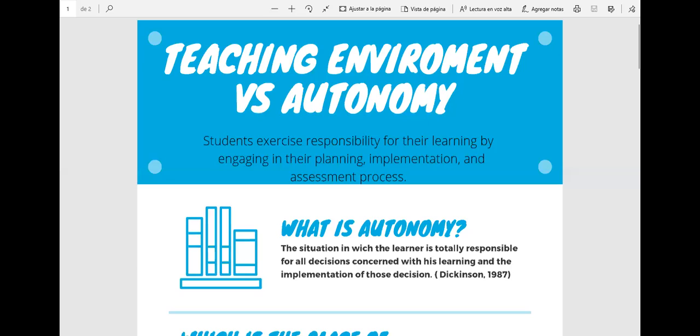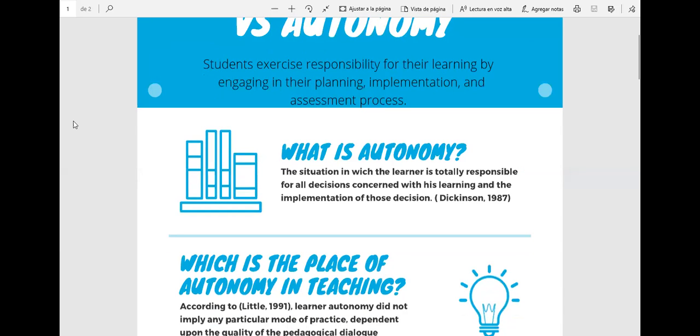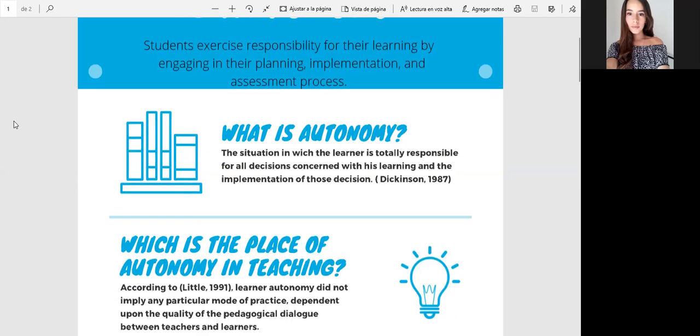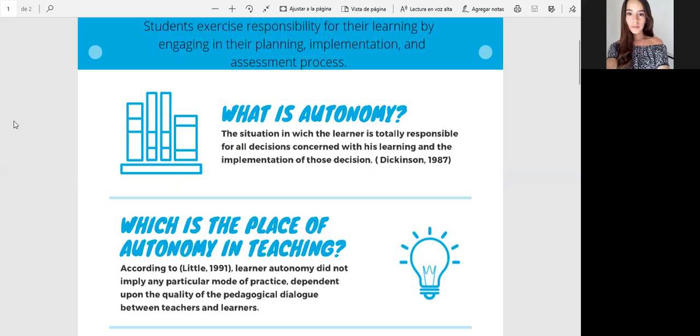Teaching environment versus autonomy. Well, the place of students is that the students take charge of their responsibility and their learning. But what is autonomy?